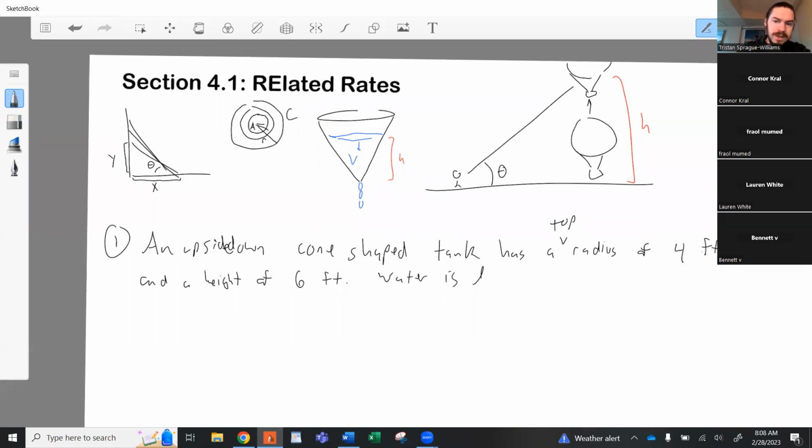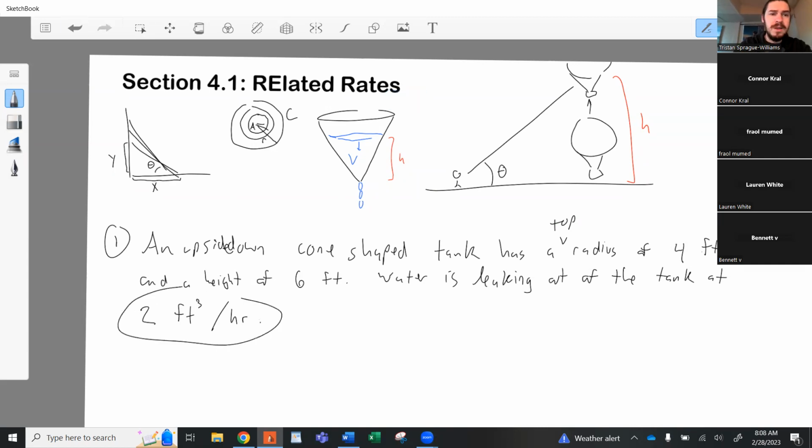Water is leaking out of the tank at, let's say, 2 cubic feet per hour. I'm working in feet, so I'm going to keep my units the same. I'm working in cubic feet now, and that's per hour.